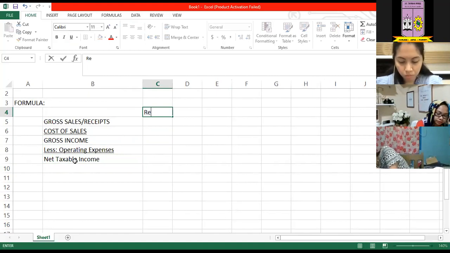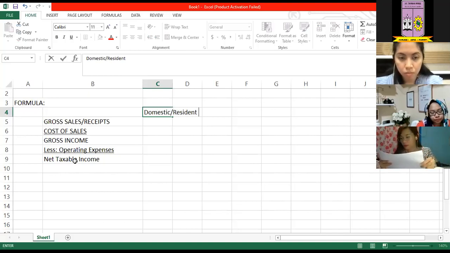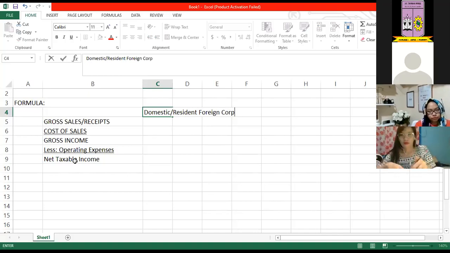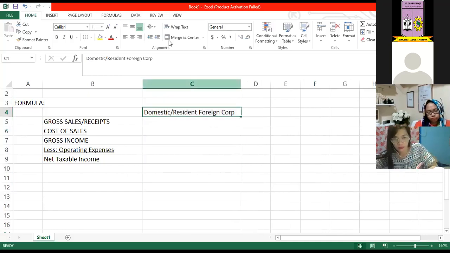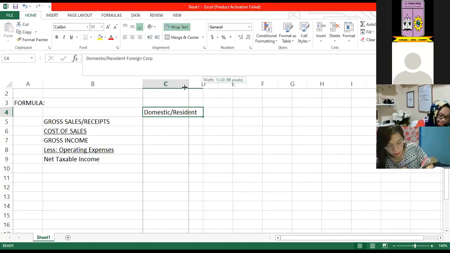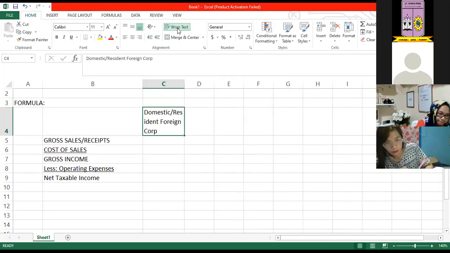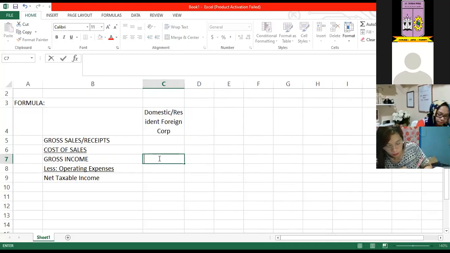Okay? So lagyan natin dito: domestic and resident foreign corp. So for domestic and resident foreign corp, yung 30% natin is based sa net taxable income. So dyan tayo magbe-base ng 30%.